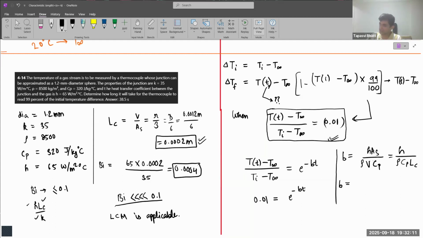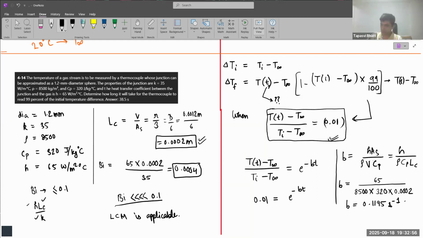B is h, which is 65, over the density, 8500, times Cp, which is 320 in SI units, times LC, which is 0.0002. The answer which I have here is B is 0.1195 per second.